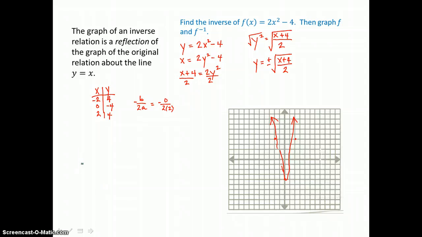And now to graph its inverse, instead of making a table of values for the inverse of f, all I have to do is take the table that I already made and switch the x and y values, because the inverse of a function swaps them.